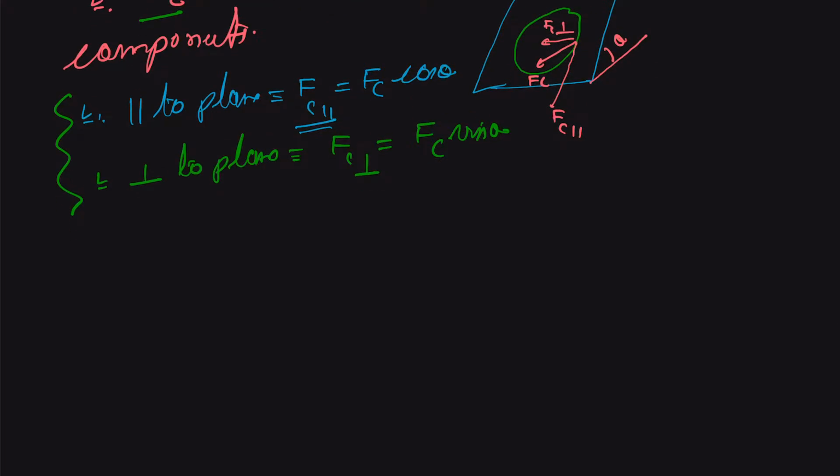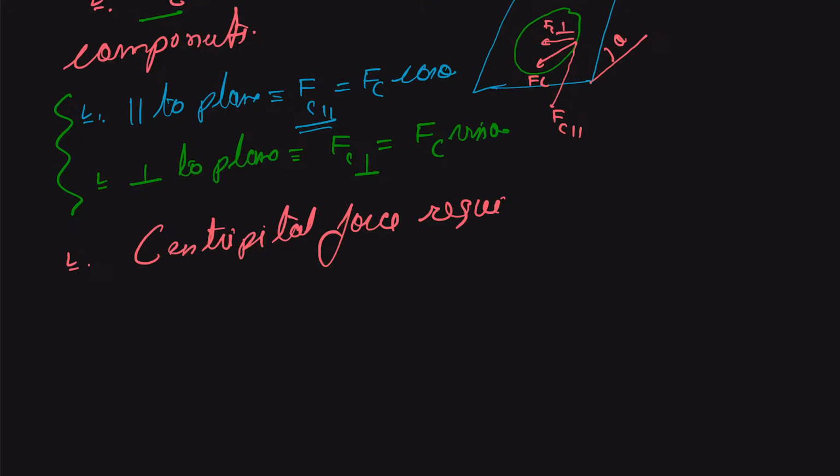Therefore we can say that our centripetal force requirement will be fulfilled by our parallel component, and its value will be equal to mv square upon r, and this comes with cos of theta. And now we come to our part A.